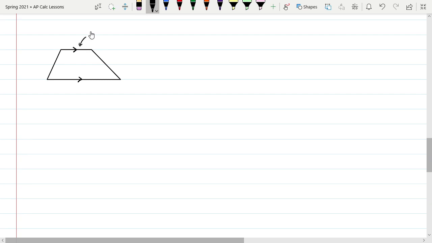So this is a base, so maybe base 1, and then this other parallel side is the other base, so maybe we can call that base 2. And then you also still have the height, which is the perpendicular distance between those two bases. So that right there is the height. Okay, so again, a trapezoid is any quadrilateral, so any four-sided figure, that has exactly one pair of parallel sides.